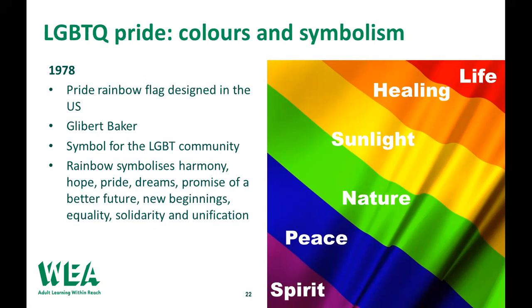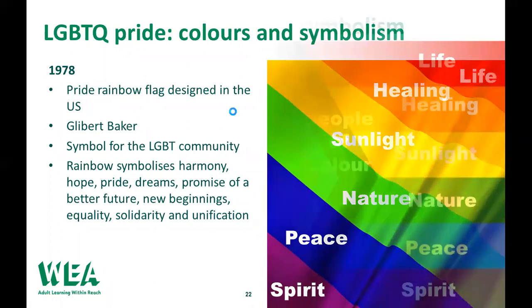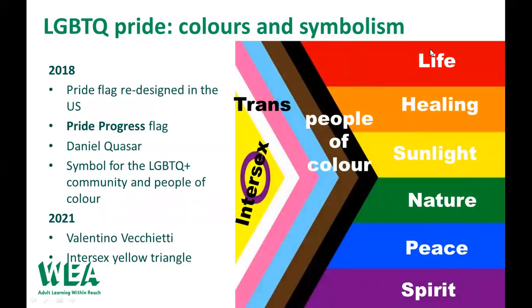So it's like dreams, hope. It's a promise of a better future and new beginnings as well. But it's also meant to represent solidarity and equality. So this flag came over from America in 1978, but since then, I don't know whether some of you are aware, we have a new flag, which first started in 2018, and then in 2021 it was altered slightly.